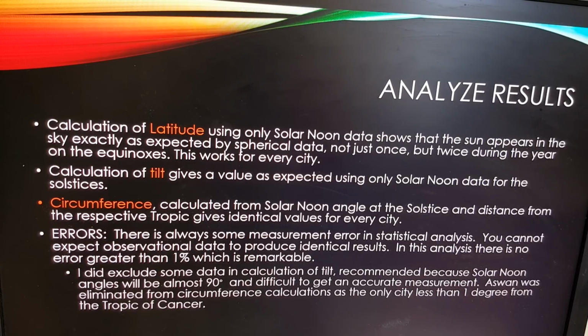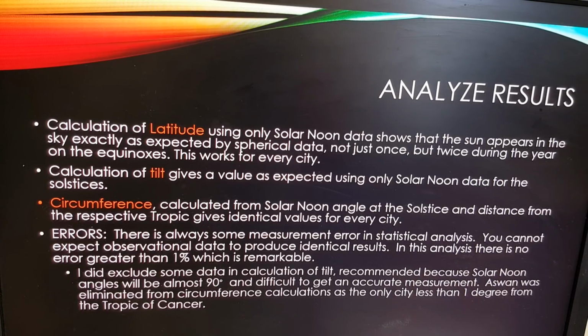If they were exactly identical, you know, to the decimal place, it would be very suspicious looking data. You cannot expect observational data to produce those identical results. In my analysis, there's no error greater than about 1%, which is just remarkable.